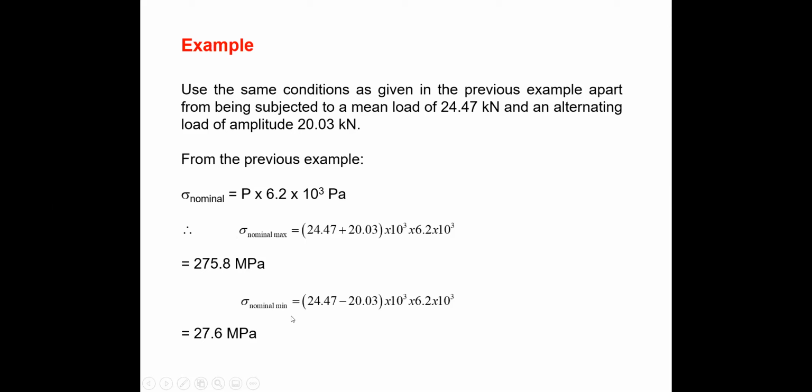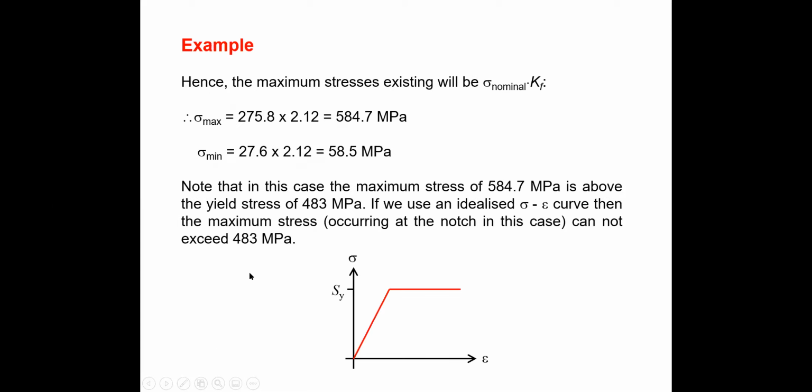The local area minimum nominal stress will be given by the difference between these two, sigma m minus sigma A, times 10 to the power 3 over 6.2. This is in megapascal. So you will get the local area stresses, and then you can get the stress raiser area maximum and minimum values. You need to multiply by Kf.